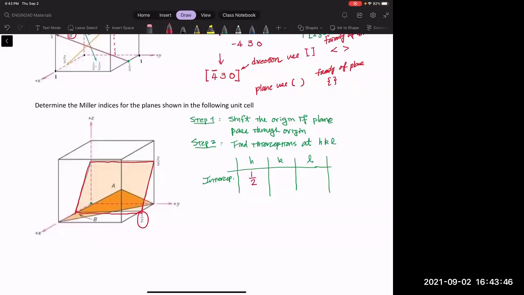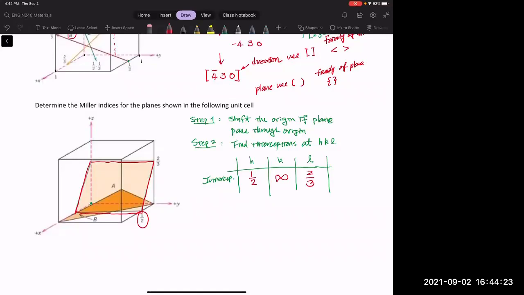In the Y direction, if you extend the plane, you will never be able to intercept the y-axis, so the intercept is infinity. In the z, you can see the plane intercepts at 2/3. So that's the second step.